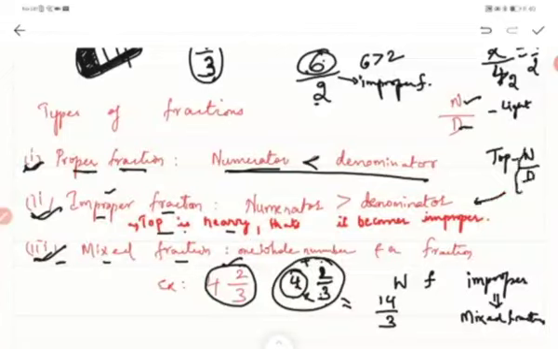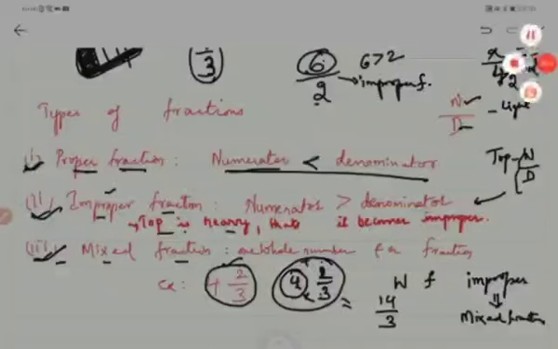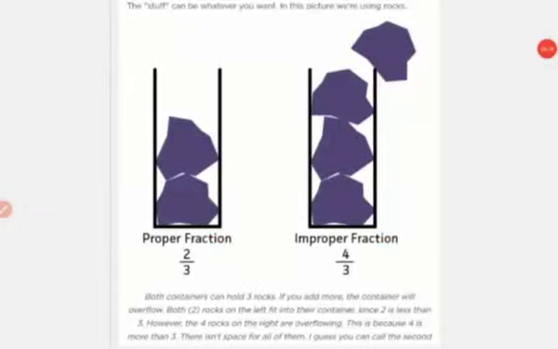All right, let me take one scenario. Look at this example, it will be very clear. You have one container. In this container, you place rocks. If I am placing two rocks in this, this is a whole container.